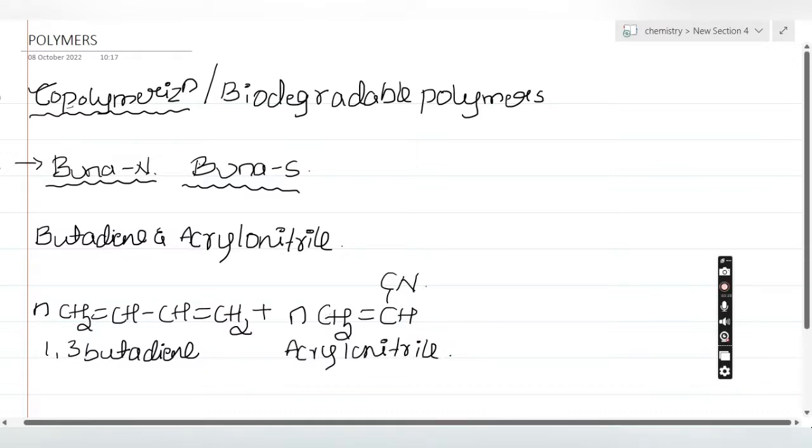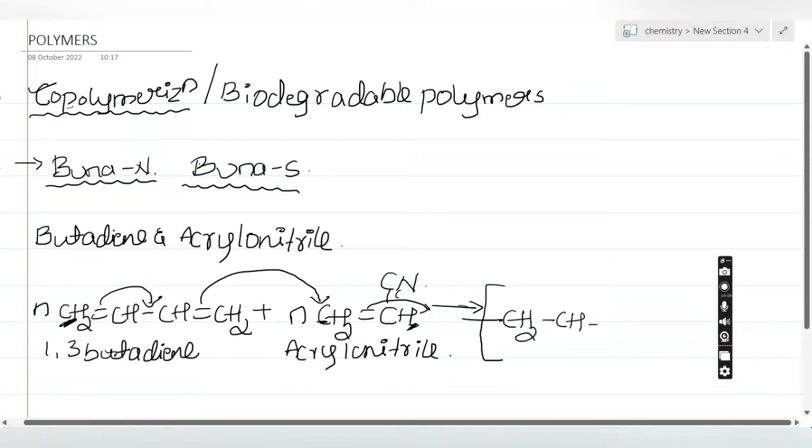So what will happen? You have to join these two, by shifting the double bond. This bond will shift here, then this double bond connects to the CH2, and this double bond will go to the end. Therefore the polymerized product will be, the chain continues. You read from here up to this part. What is there? CH2, the double bond will become single bond.